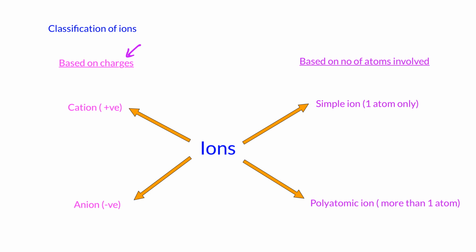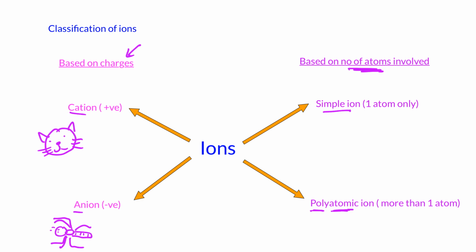If it is negative, we call that an anion. And if we base it on the number of atoms involved, we consider it a simple ion if we have just one atom only. If we have more than one, many atoms, we call that a polyatomic ion.